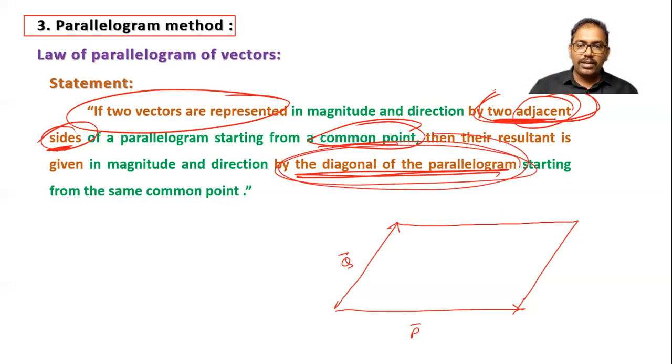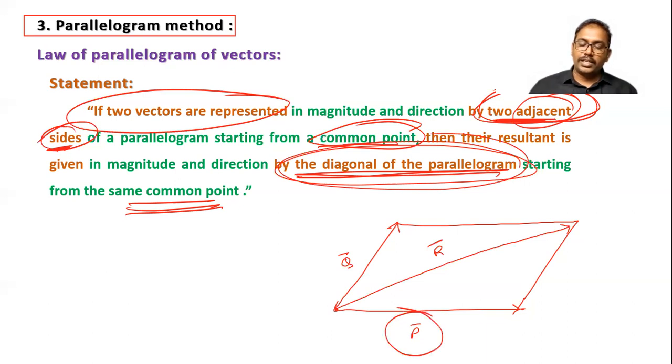But which diagonal? The one starting from the same common point. So this is the resultant R. If this is the first side and this is the second side, the adjacent sides P bar and Q bar, then their resultant is the diagonal starting from the same common point.